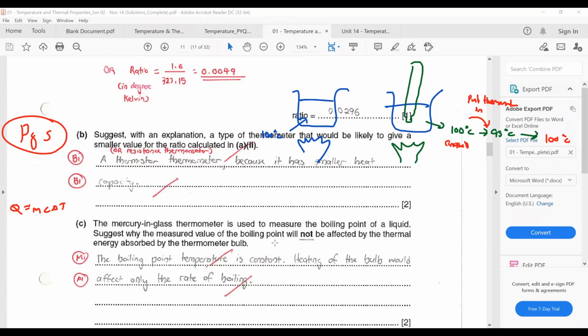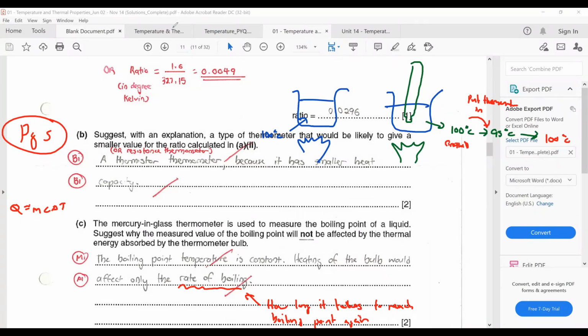The rate of boiling here, you can think of it as simply how long it takes to reach boiling point again. Heating of the bulb will only affect the rate of boiling.